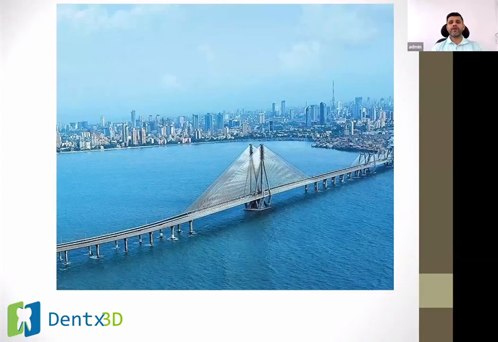For example, if you see this bridge, it is a landmark that we are in Mumbai, right? Similarly, there are landmarks which will help us in reading the CBCT scan.